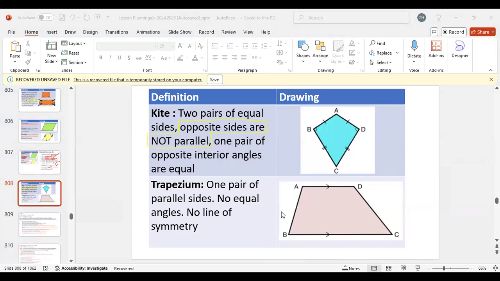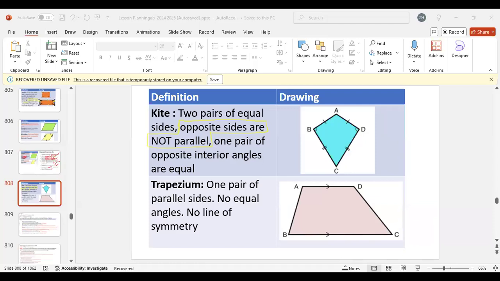Go ahead, Kanan, read the characteristics of a trapezium. Trapezium: one pair of parallel sides, no equal angles, no line of symmetry. Very good. A lot of no's. Read the definition of trapezium. One pair of parallel sides, no equal angles, no line of symmetry.